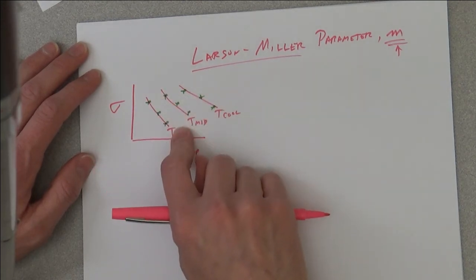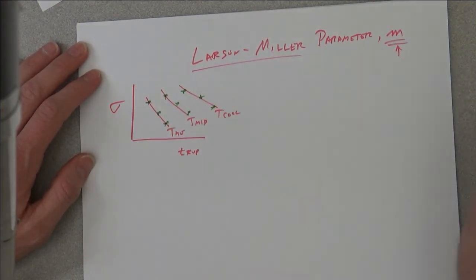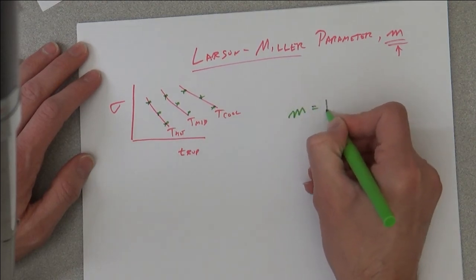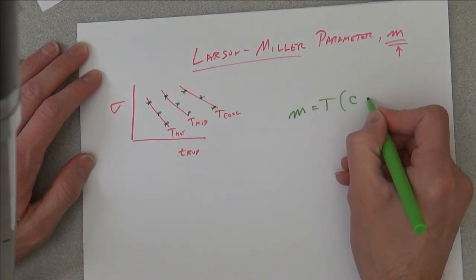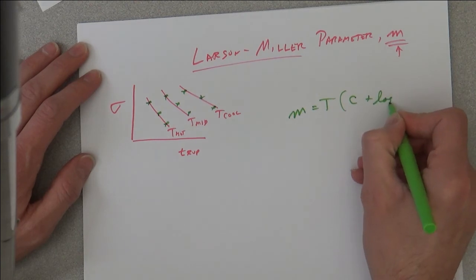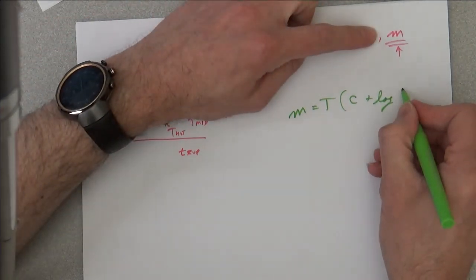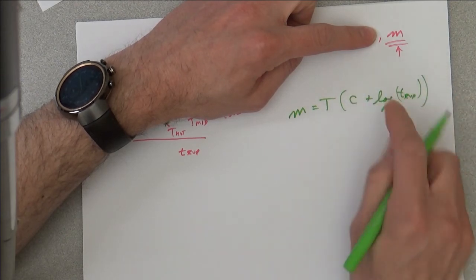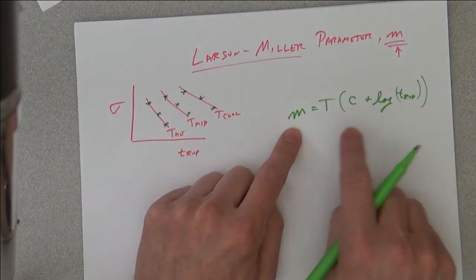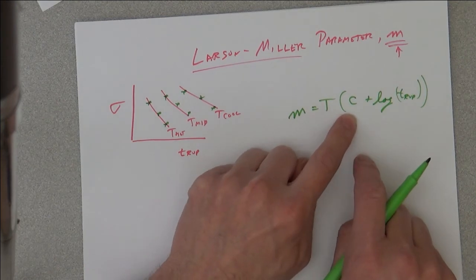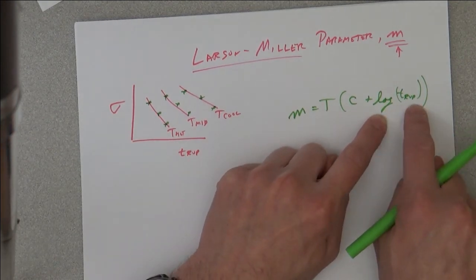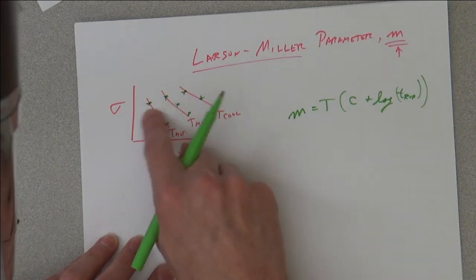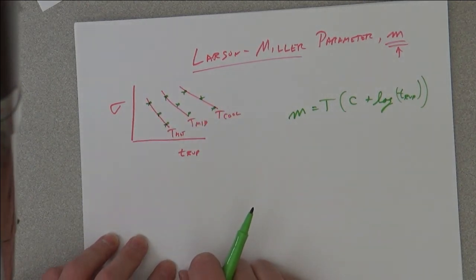Well, you can use these with the Larson-Miller equation: M is equal to T times C plus natural log of rupture time. So that's the Larson-Miller parameter, that's the temperature, that is a constant, we'll come back to that, and that's the time to rupture. So this can all come from a few curves.